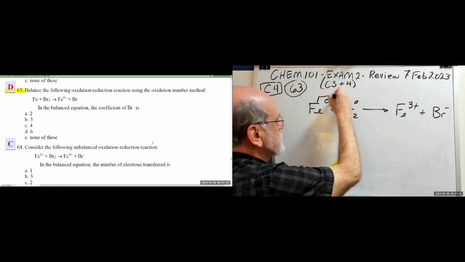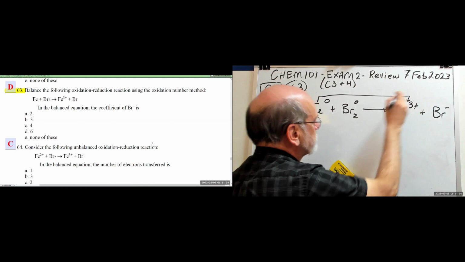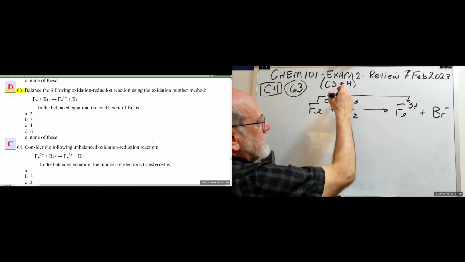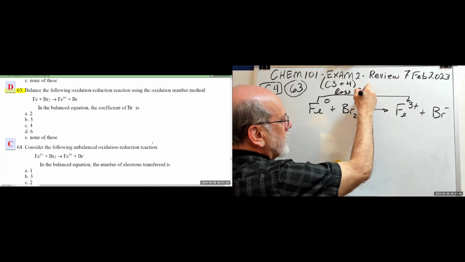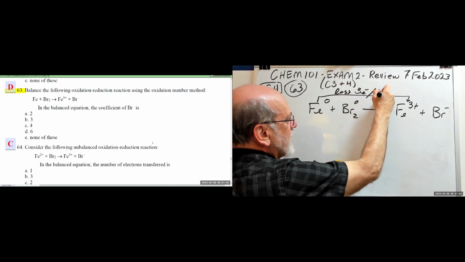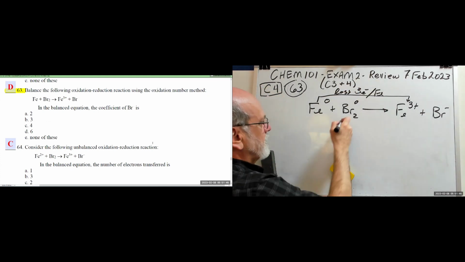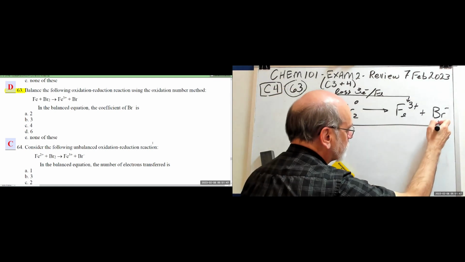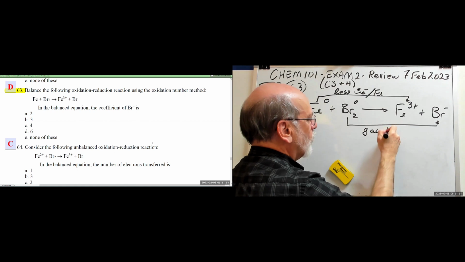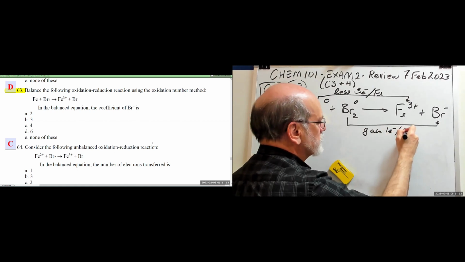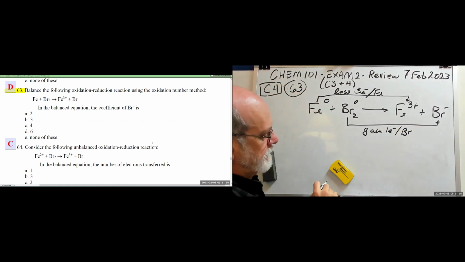Then we say this one lost 3 electrons for each iron. This one, the bromine, gained 1 electron for each bromine.